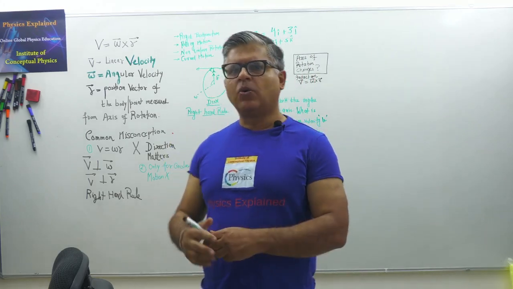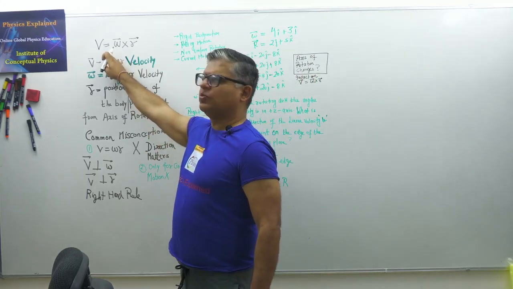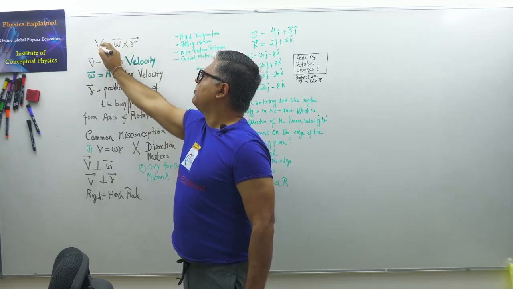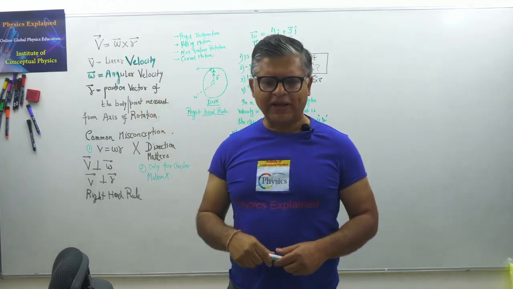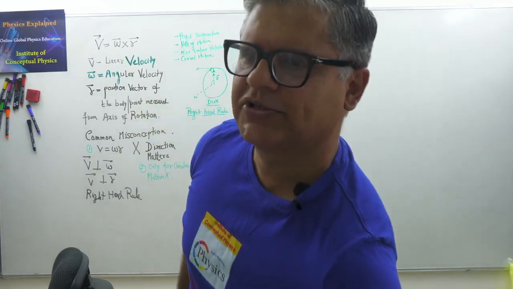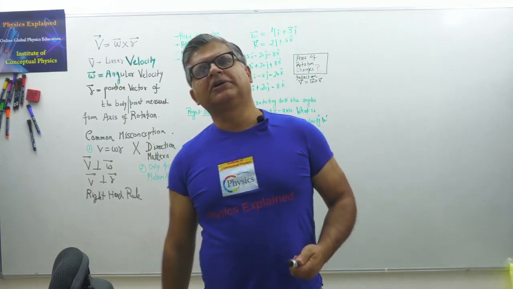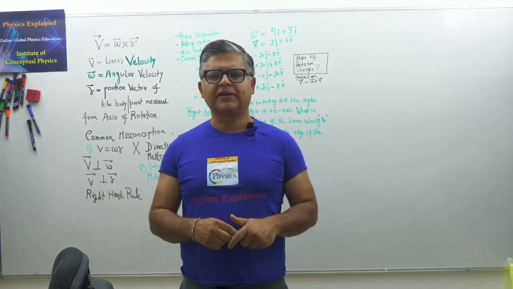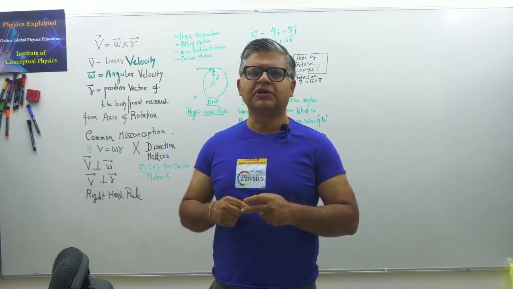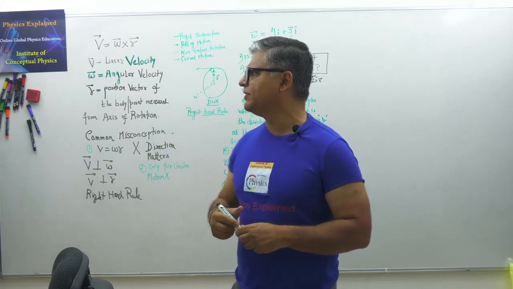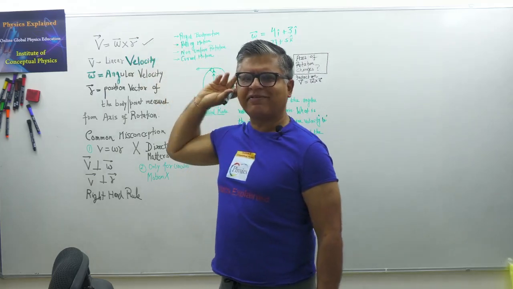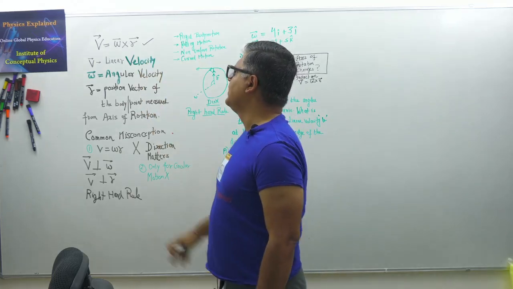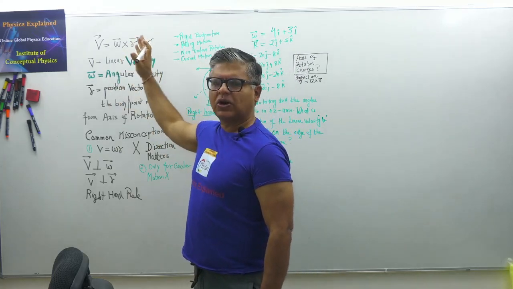Now, what does this formula tell you? Let's expand. This formula is basically a cross product of ω and r. So we are talking about the use of cross product in uniform circular motion, and I will come to more parts of it. So v = ω × r is the real equation that you need to focus on. It's a vector product, a cross product.